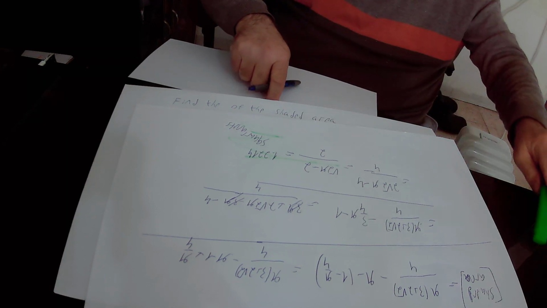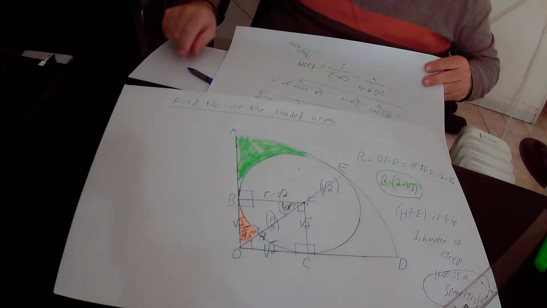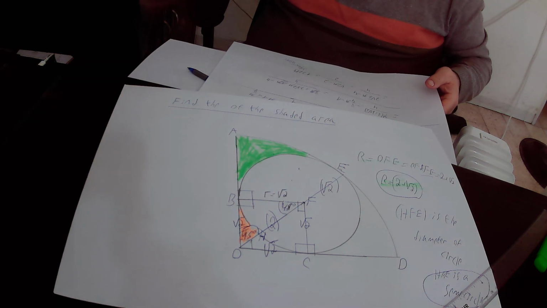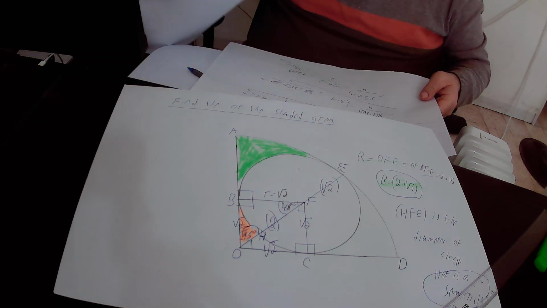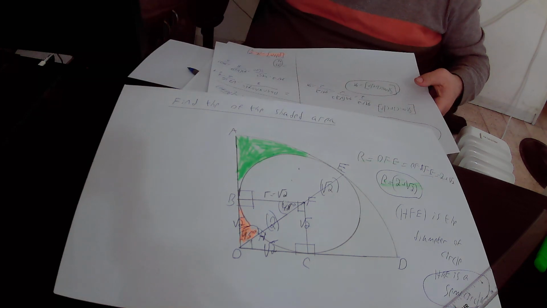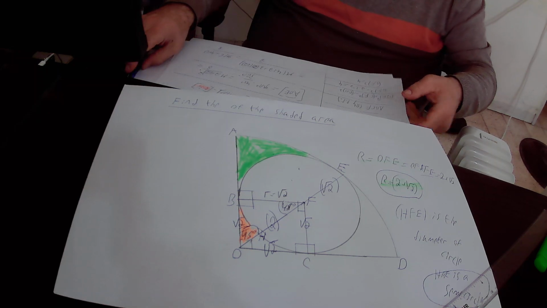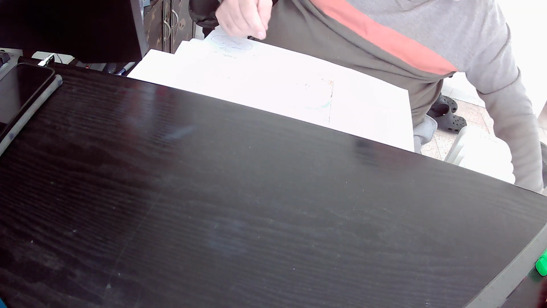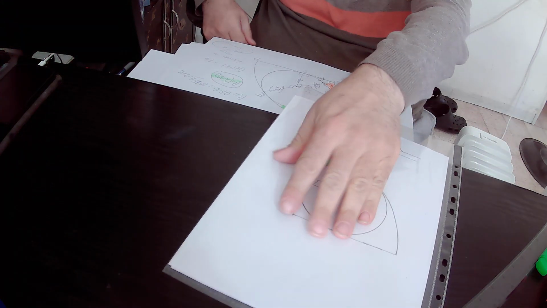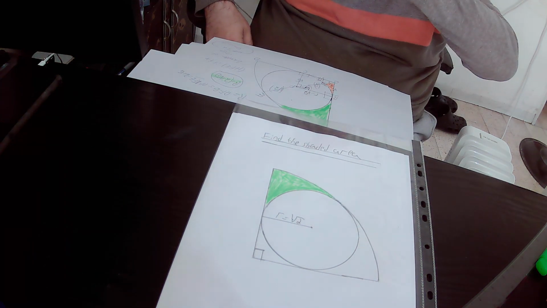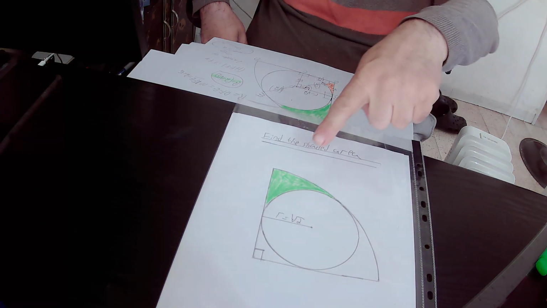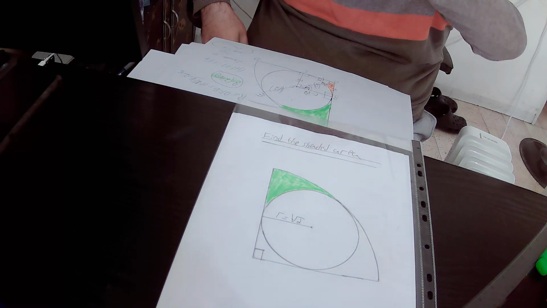In the next step, I will summarize the lecture. In this lecture we found out the area of this green shape.